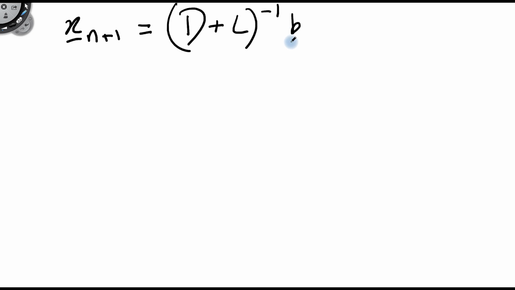Let's write that at the top of this board again. So this is Gauss-Seidel now. We've modified the xn plus 1 equals d plus L inverse b minus d plus L inverse u times xn.